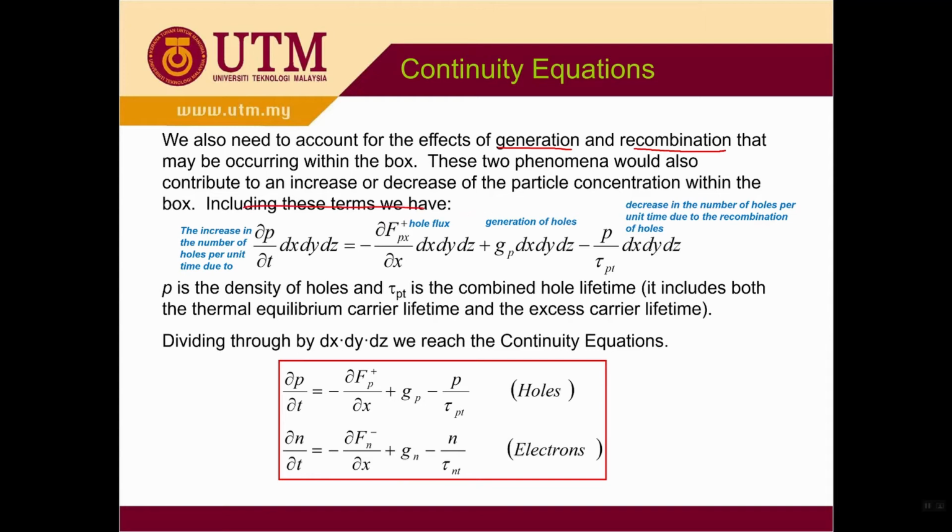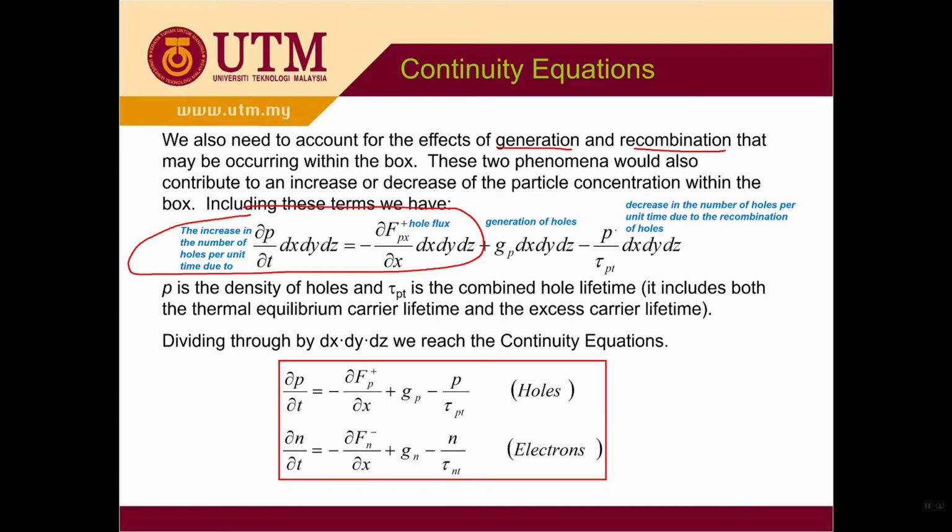This is the increase in the number of holes per unit area, per unit time due to hole flux, and we also introduce two more terms here. This is the generation of holes, which you are familiar with, since we already covered this. Minus, what is this?